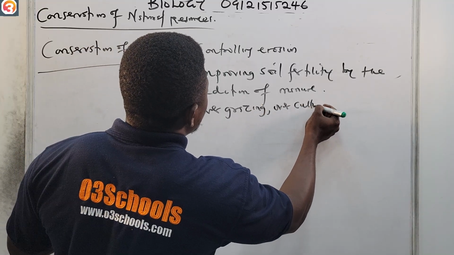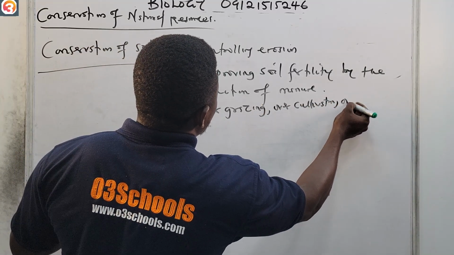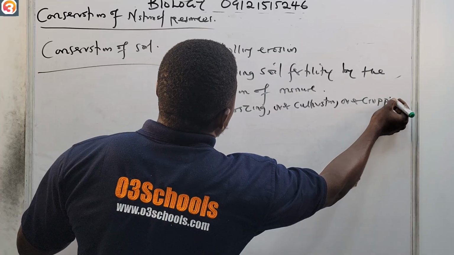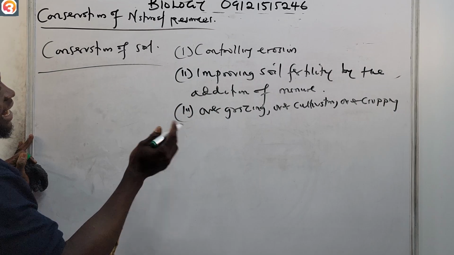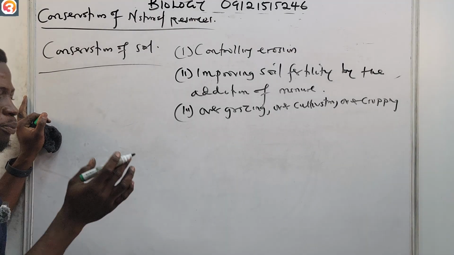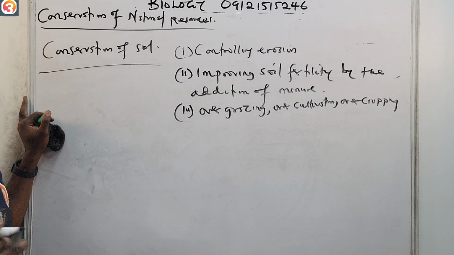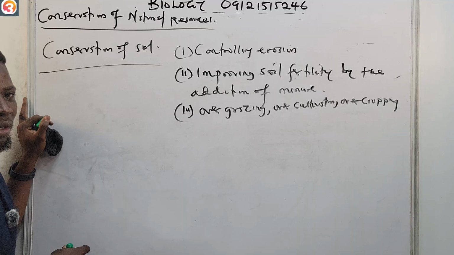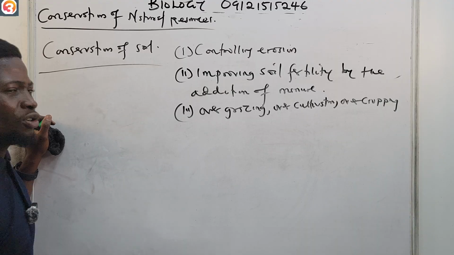So number three, overgrazing, over cultivation, overcropping, all of these practices should be completely put away with. We are not supposed to be practicing all of this rubbish.